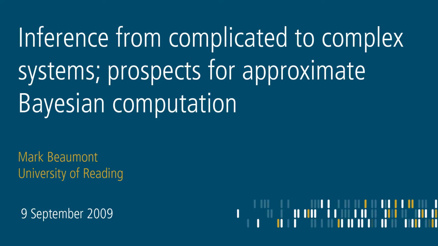This is a model of populations that are diverging over time from a common ancestor. It's a genetic model. There are gene frequency differences that arise, and you're trying to use that information to say something about the time that the populations have diverged and the population sizes of those populations.